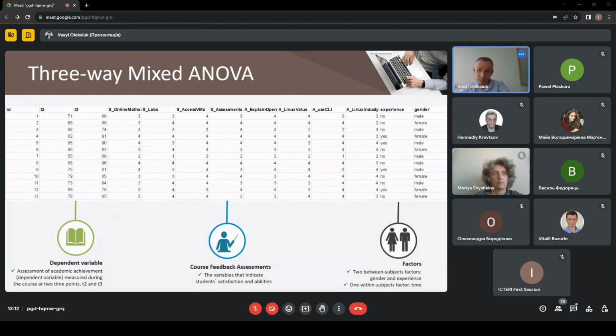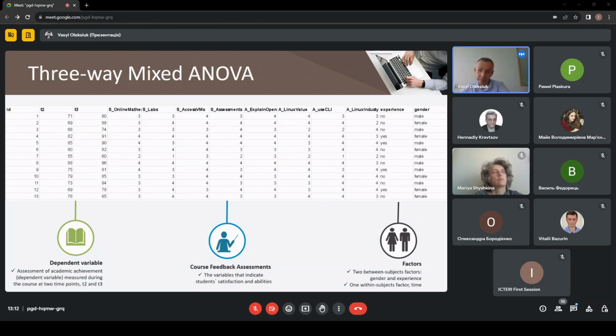Our study has two between-subject factors, gender and experience, along with a within-subject factor. The purpose of this factor is to investigate variation between groups over time. It refers to measurements that are taken repeatedly.